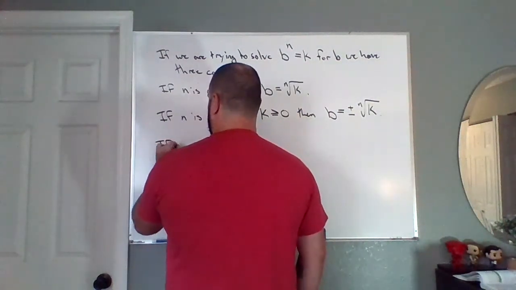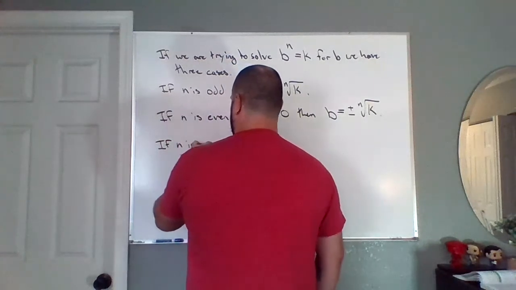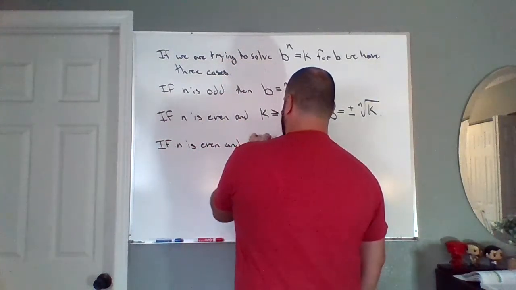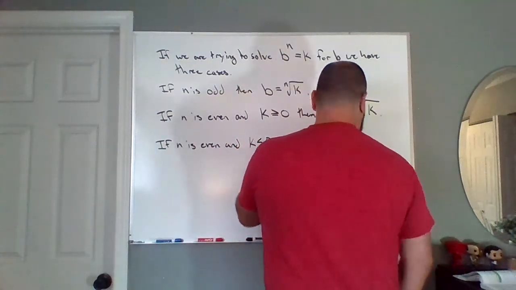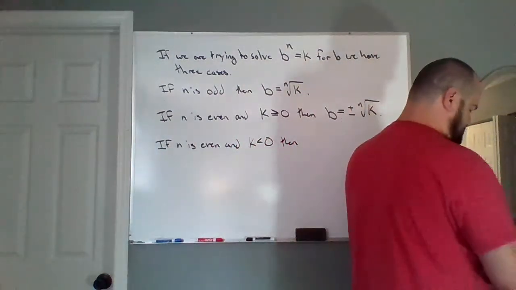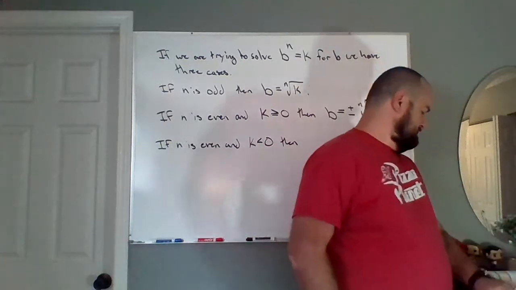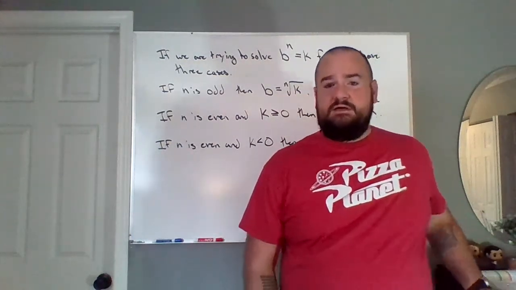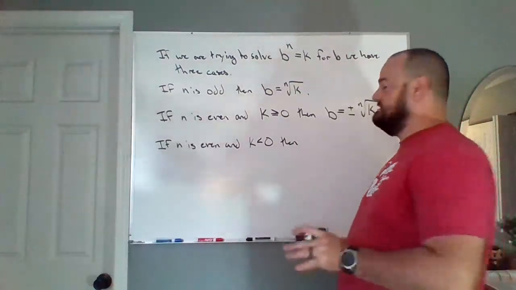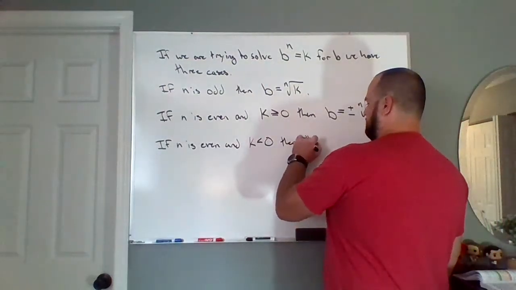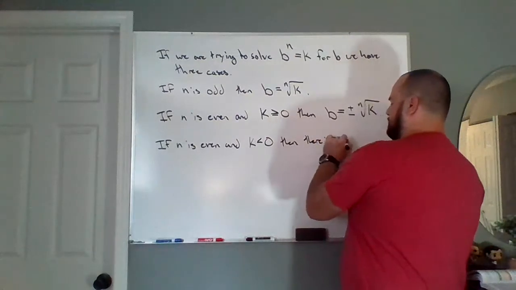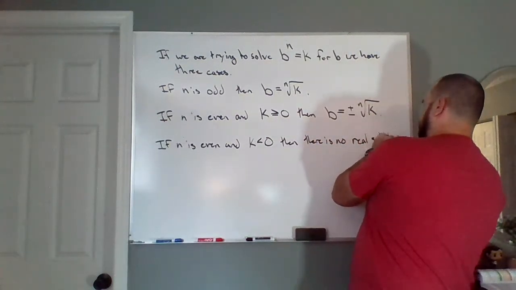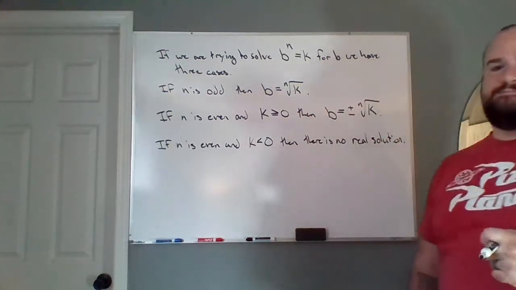Now, our last case of the 3. If n is even and k is less than 0, then what happens? It's really easy. If n is even and k is less than 0, then there is no real solution.